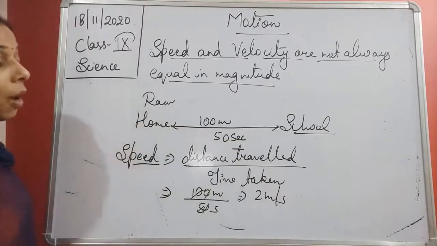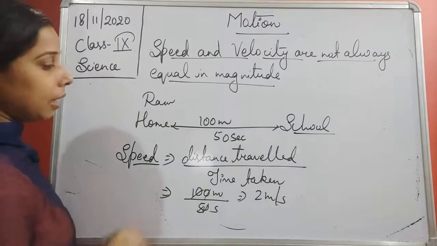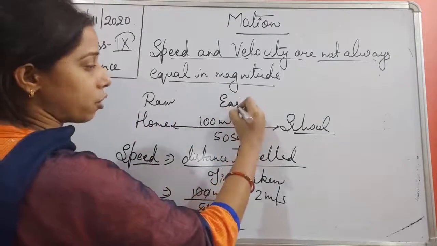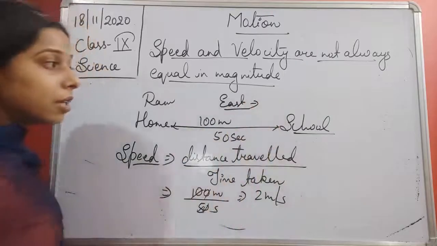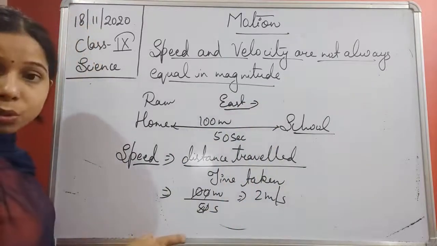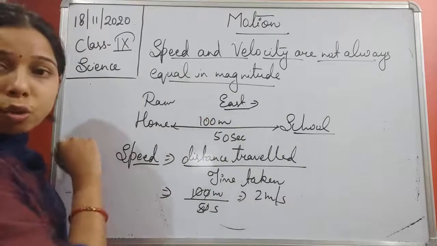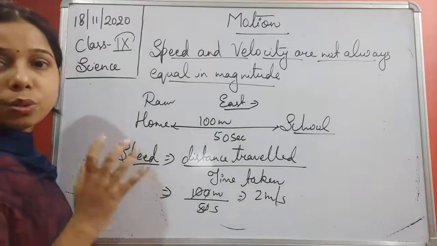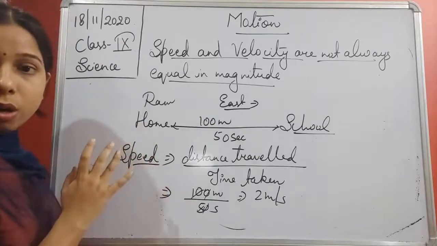Right? Now, here we are saying that the school is in the east direction. Now you see, students, with the magnitude, the direction is also given here, with the help of which we are able to find the velocity also.